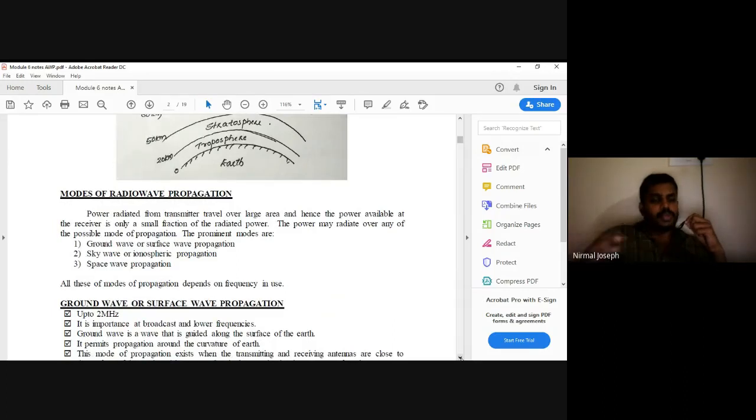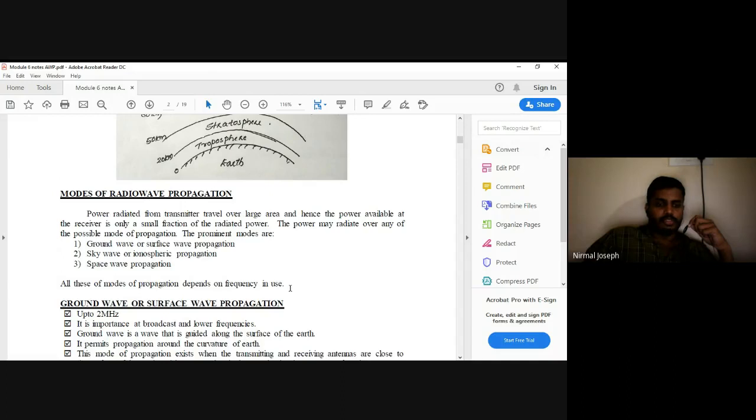So, we will move on to the modes of radio propagation. I already told there are three modes: ground wave or surface wave propagation, sky wave or atmospheric propagation, and space wave propagation. Why are we using these three modes of propagation? Basically, we want to communicate at different frequencies. That's why we are using these three different modes. Each mode is limited by the frequency we are using.